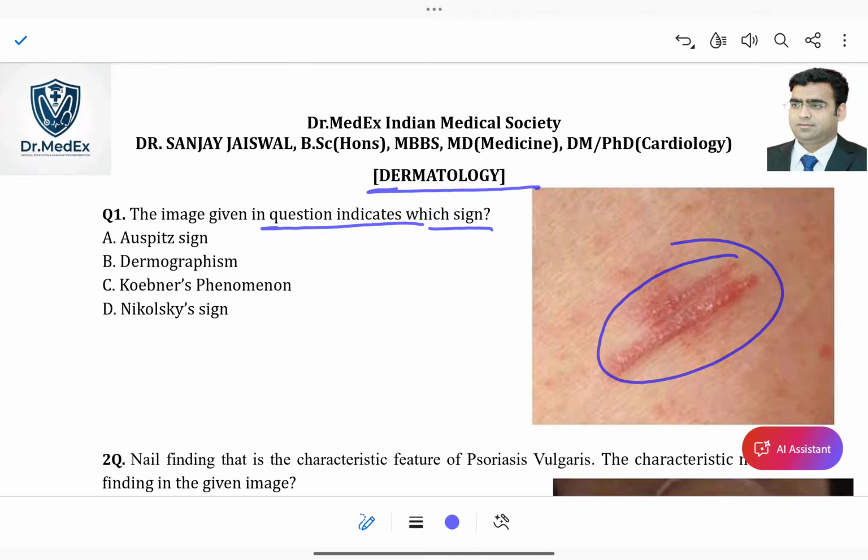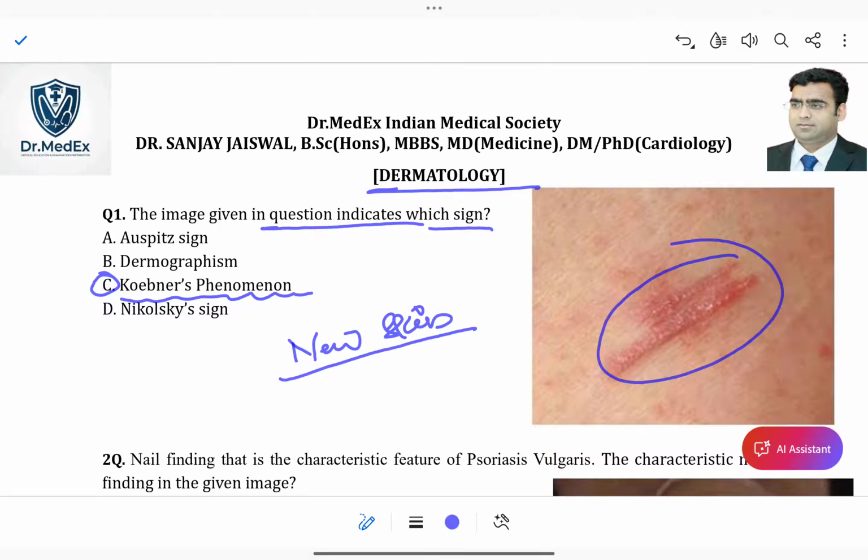So the option is C, that is Kovner phenomena. Why Kovner phenomena? Kovner phenomena involves new skin lesions appearing at sites of trauma in patients with certain dermatoses.